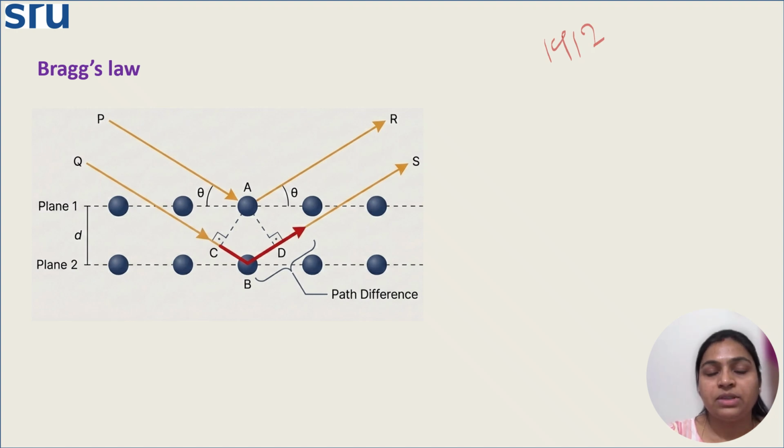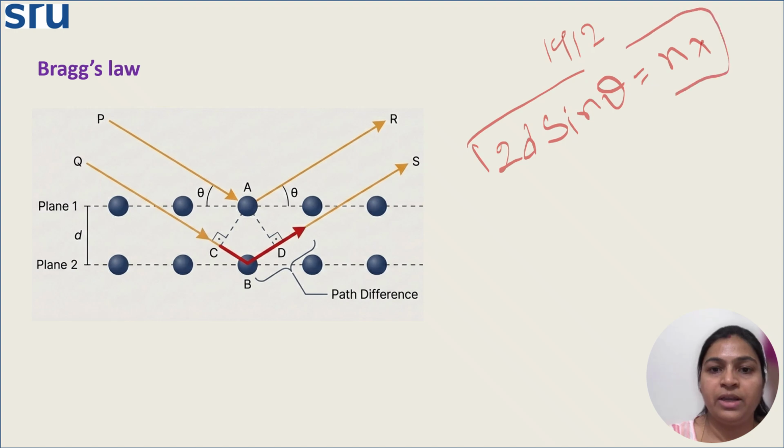They mathematically derived the relation 2d sin theta equals n lambda, where d is the distance between two planes, theta is the angle of the incident ray with respect to the plane, n is the order like 1, 2, 3, and lambda is the wavelength of X-ray.